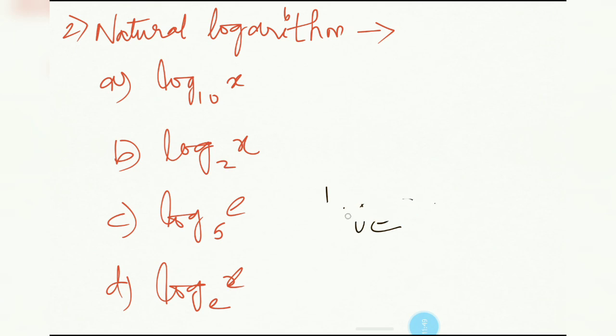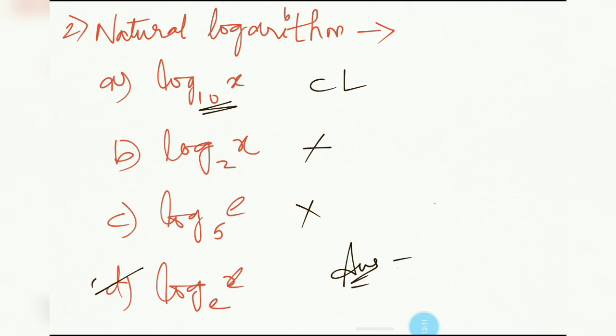Let's check for the logarithm having base e. Here the base is 10, this is not natural, this is a common logarithm. Here it is 2, this is not it. This is also not. Here it is to the base e. So D is the correct answer.